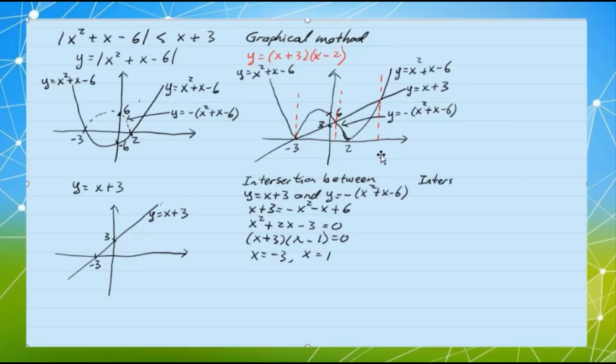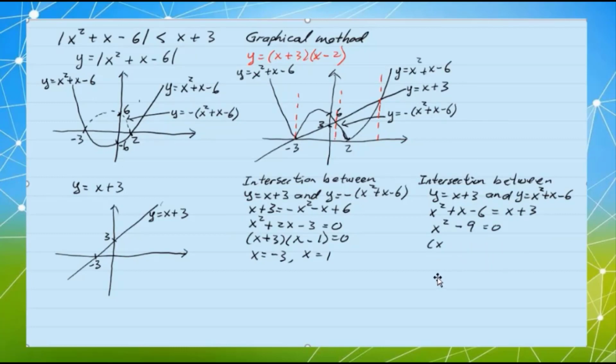Now we go to the second intersection point. This point is the intersection between the graph y equals x plus 3 and the curve y equals x squared plus x minus 6. Now we carry out the simultaneous equation in order to find the point. After simplifying, it is x squared minus 9 equals 0.